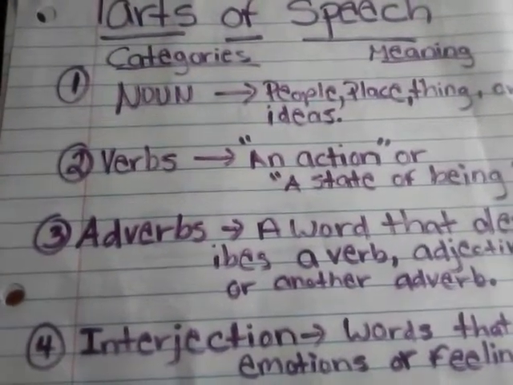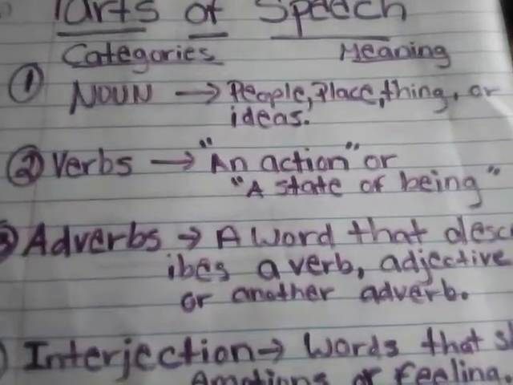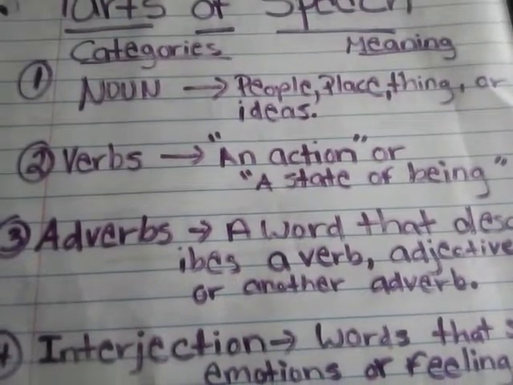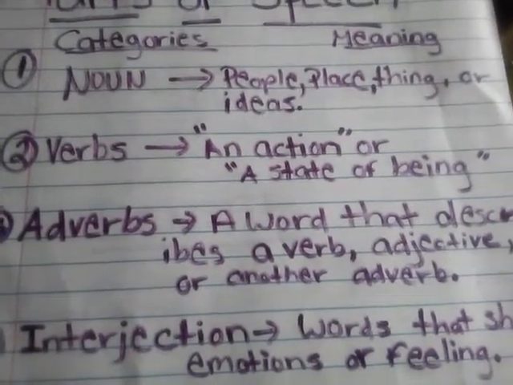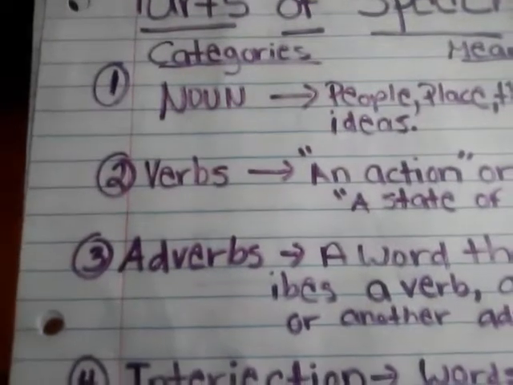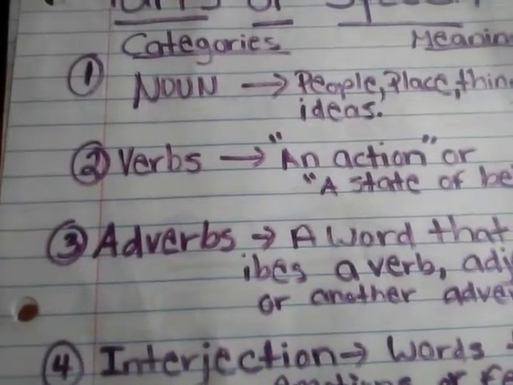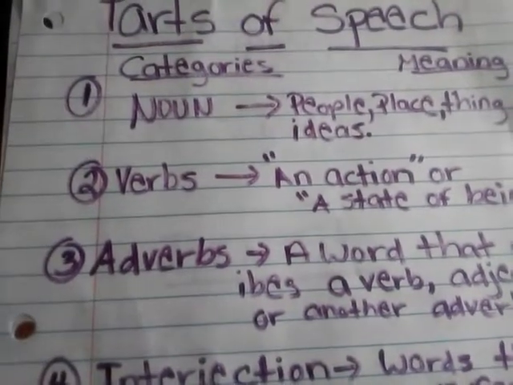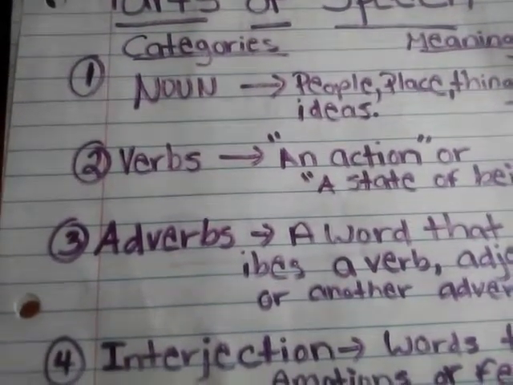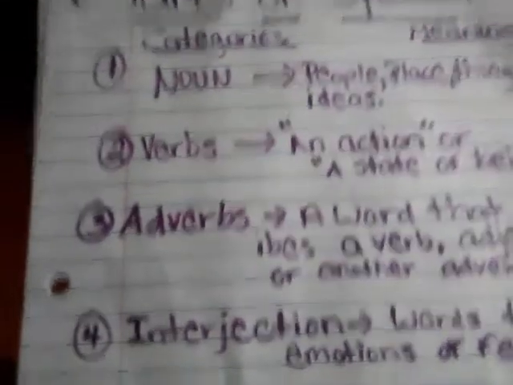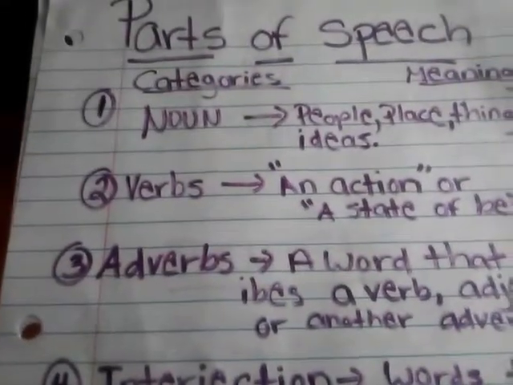A verb is any word that describes an action or a state of being. Those words are known as verbs, which play a very important role in a sentence because they tell you what action is being done within the sentence.